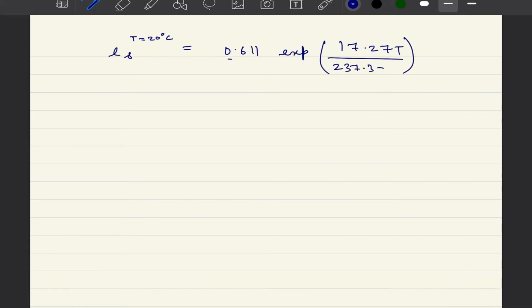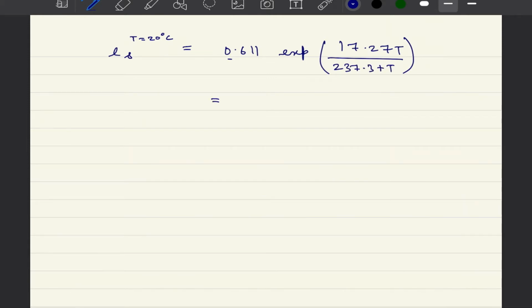So the first thing that we will do is calculate the saturation vapor pressure corresponding to a temperature of 20 degrees Celsius. We learnt an expression, which I said is very important: 0.611 exp(17.27 T / (237.3 + T)).